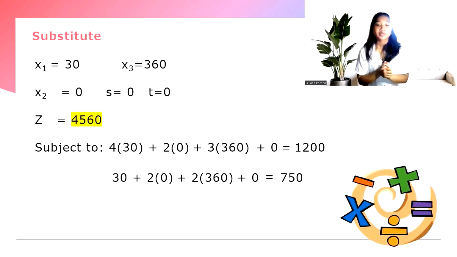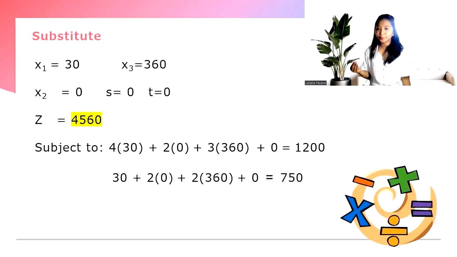For our x sub 1, we have 30 plus 2 times 0, because we don't have x sub 2, plus 2 times 360 as our x sub 3, plus 0 for the second slack variable. We can also not add 0, because it is understandable that we don't have value for the slack variables, and that is equal to 750.